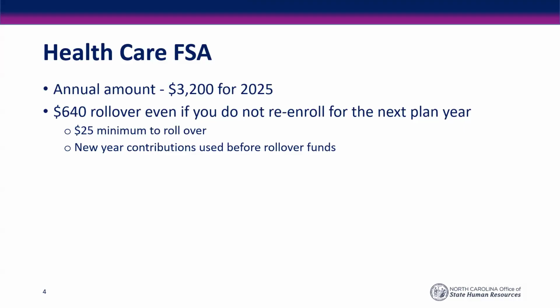Bella asked, I rolled over in 2025, tried to use my card and it denied. Is there a reason why? So Bella, up until probably February sometime, we did have a thing with our card where if you had a rollover, it was held until the claim filing period was over, which is March 31st.